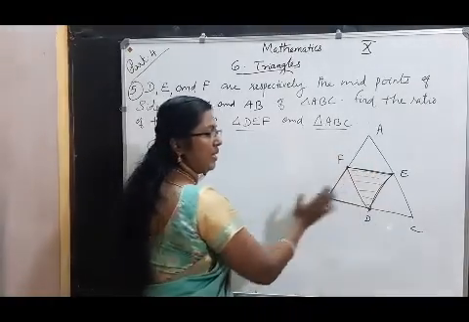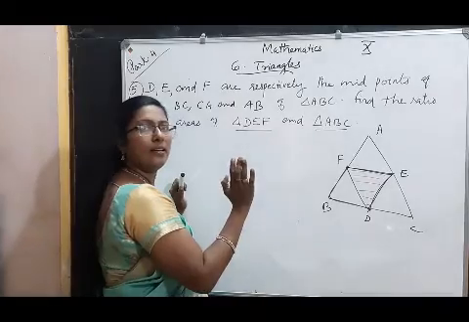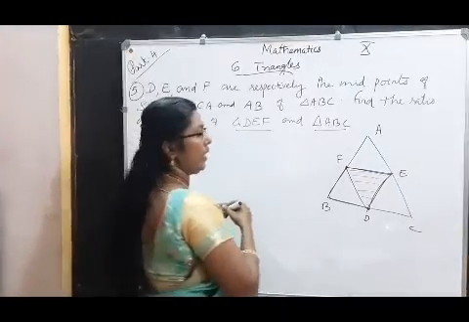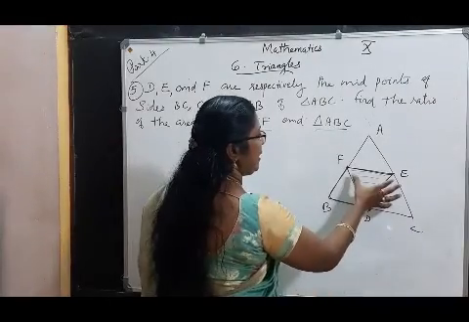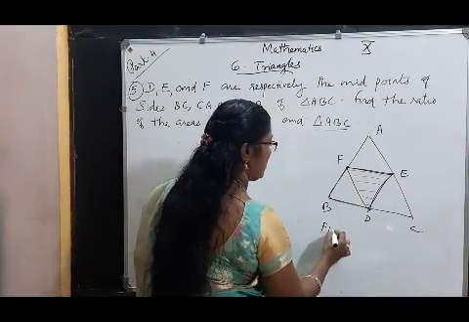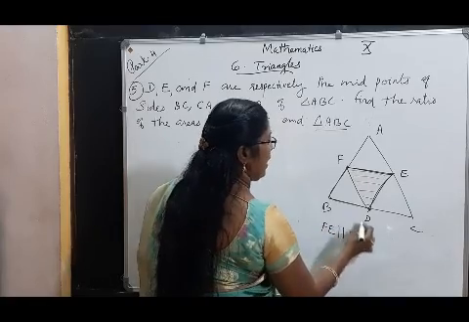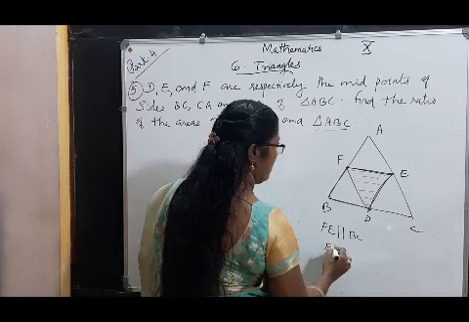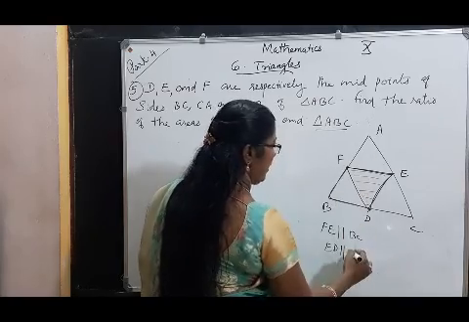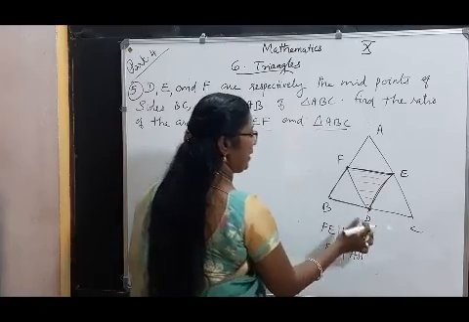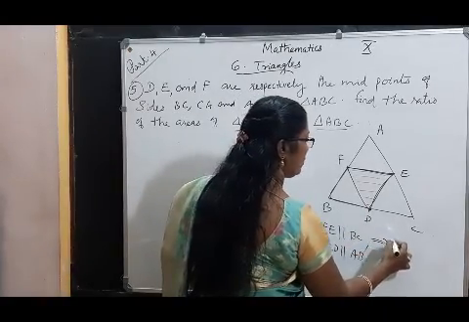That line and the third side are parallel by the converse of the basic proportionality theorem. Okay, so we can say that FE parallel BC and ED parallel AB. And BC, here BD is part of BC.